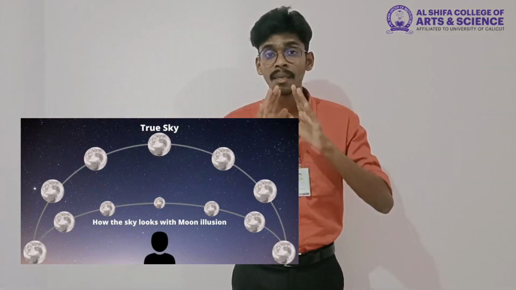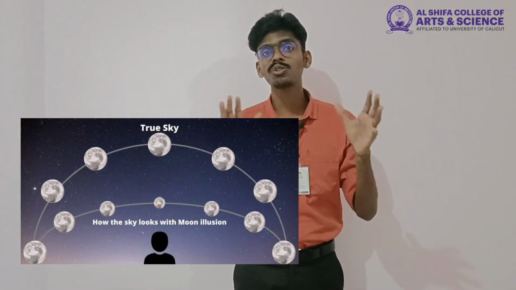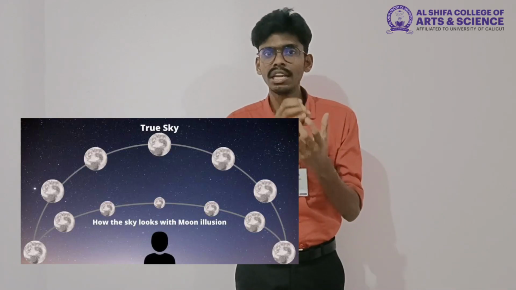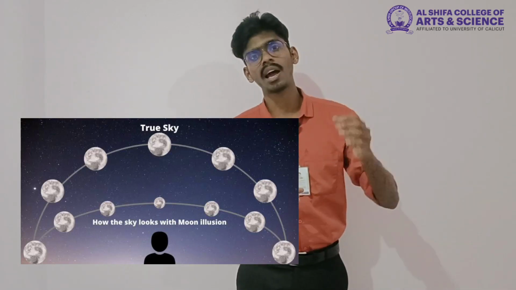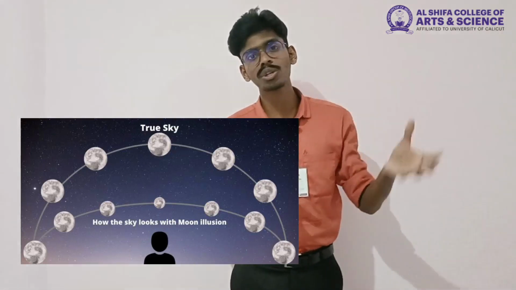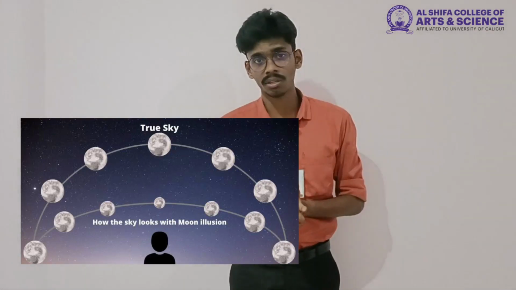But actually, the size of the moon does not change according to its position. Due to the illusion, we perceive the moon at the top of the sky as small, and at the horizon, the moon becomes bigger. This type of illusion is called the moon illusion.